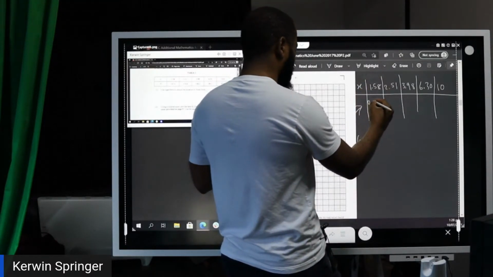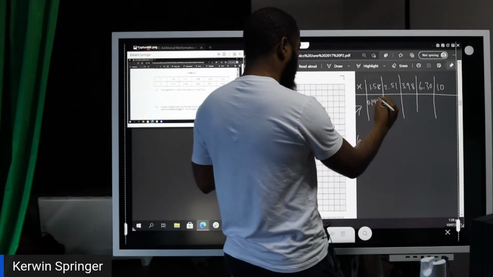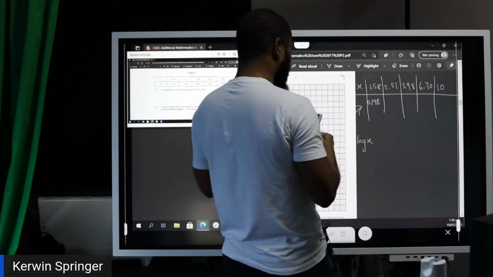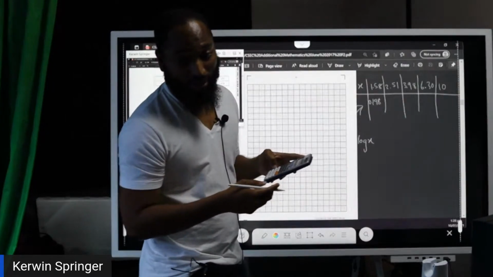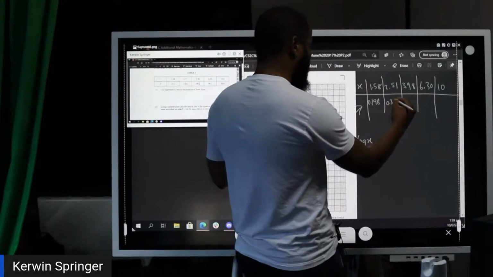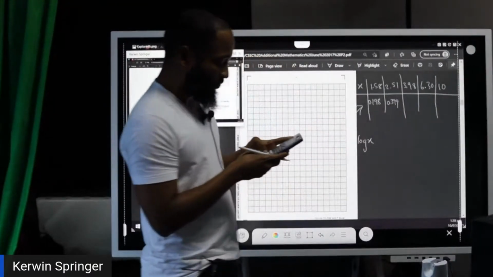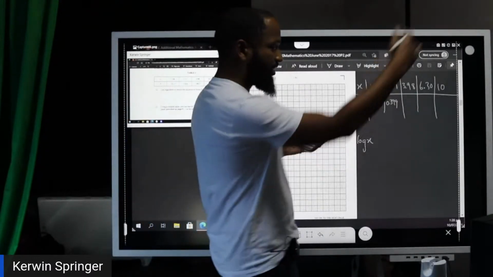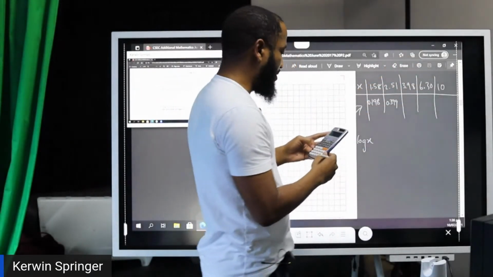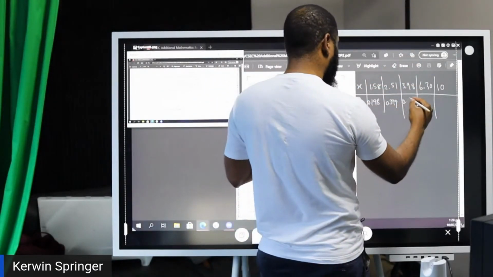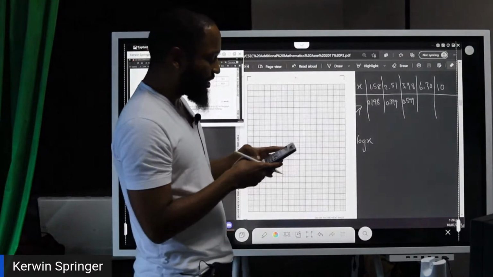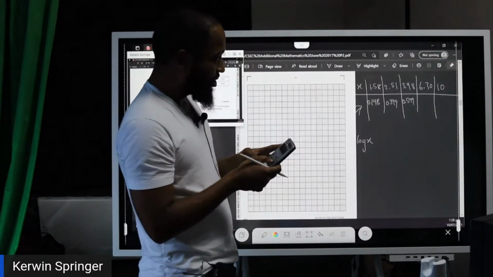So it'll be like 0.198, the log of 2.51. 0.399, the log of 3.98. 0.599, which is really 0.6, the log of 6.3.